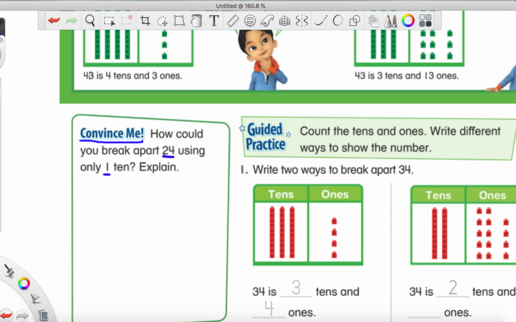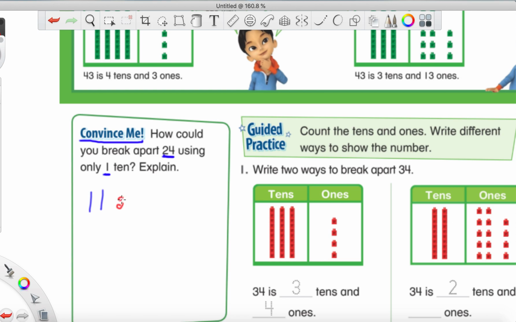Okay? So the first way I like to do this is to use the way I'm comfortable with making the number 24. So I look at the tens place and it has the number 2, so I'm going to make 2 10s. And then I look at the ones place and I see it says 4. So I'm going to make 4 1s.